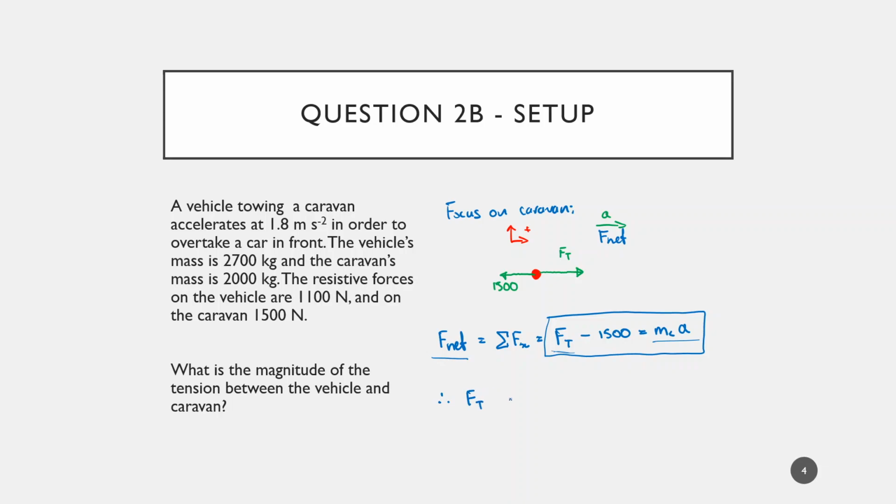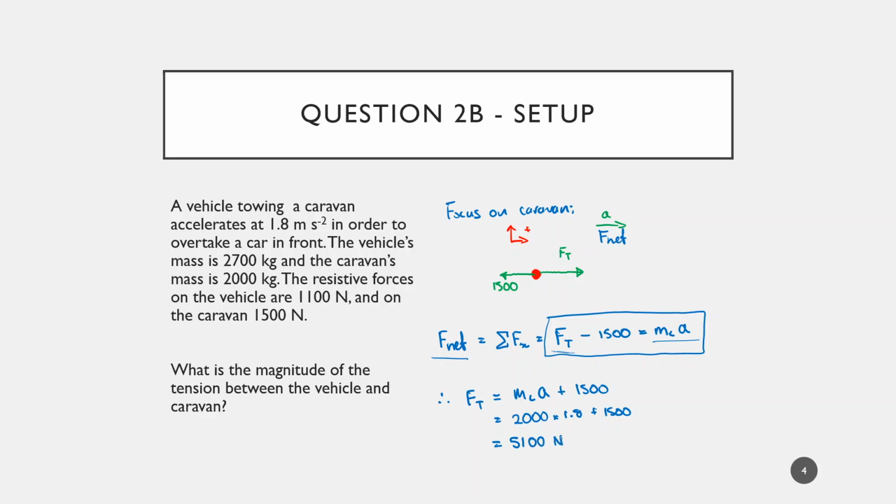Again, I've left room on another slide after this, but we don't need it. That's equal to the mass of the caravan times a plus 1,500. Mass is 2,000 times acceleration 1.8 plus 1,500, and you get 5,100 newtons.